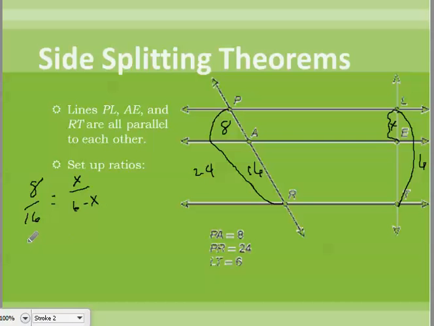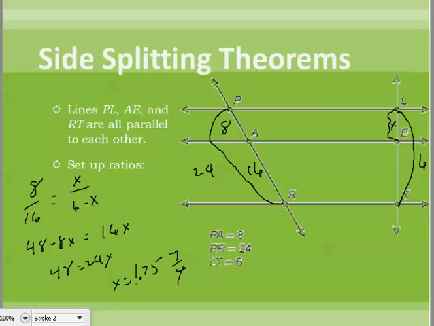And then when we multiply it out, we should get 6 times 8 is 48 minus 8x is equal to 16x. Well, add the 8x to both sides. I still get 48 is equal to 24x. Oh, okay. So x is still equal to 1.75 or 7 over 4, right?